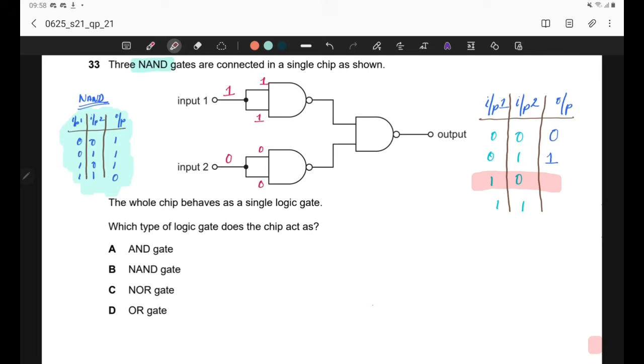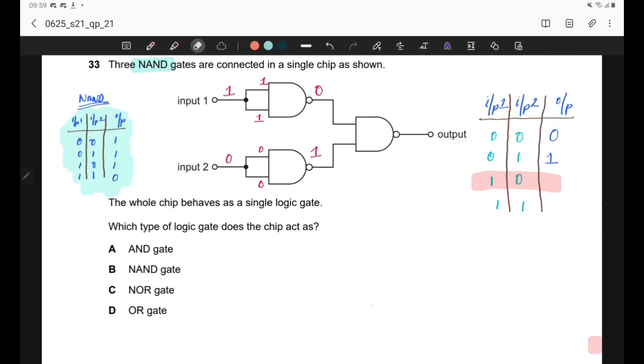So we can see when the inputs are both 1 for a NAND gate, the output will be 0. Therefore, here the output for the first NAND gate will be 0. Likewise, when both inputs are 0, 0, the output of a NAND gate will be 1. So here it will be 1.